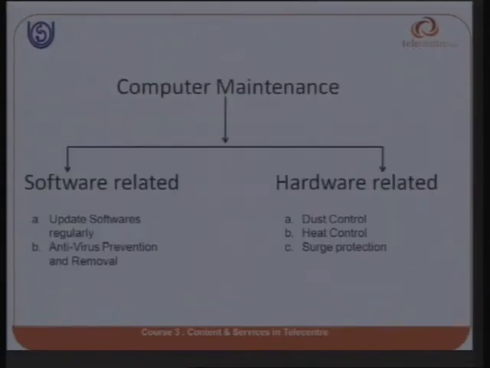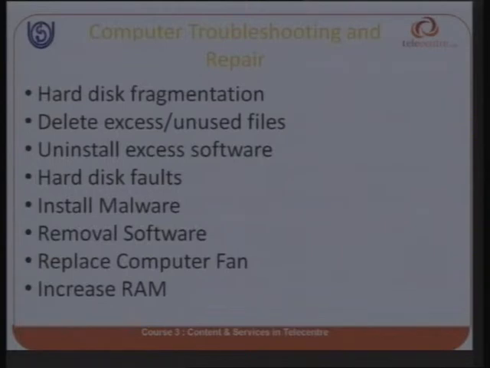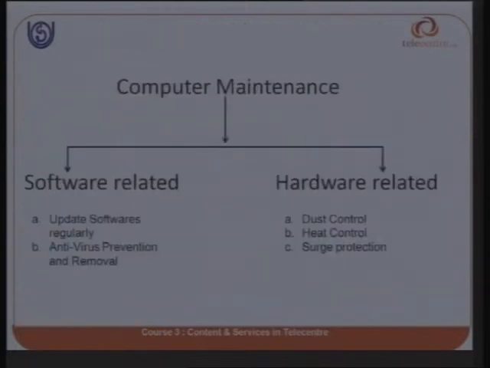There are two major ways to do computer maintenance. One is software related and the second one is hardware related. Let us see some of the software related items. Software related maintenance is very simple. Whatever software you have installed, you have to update it on a regular basis, because new viruses or malwares are being generated every day.